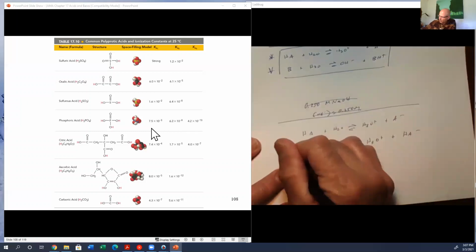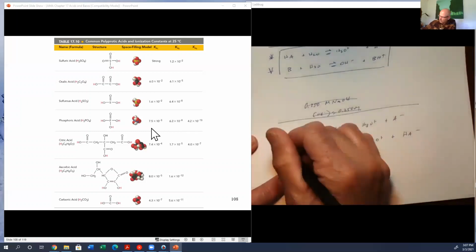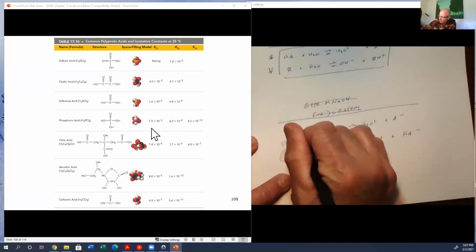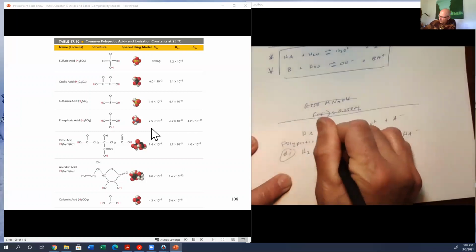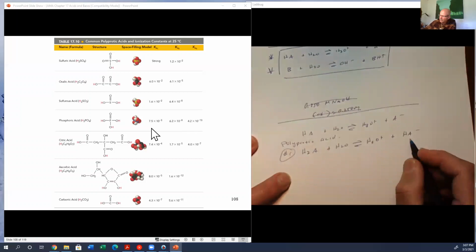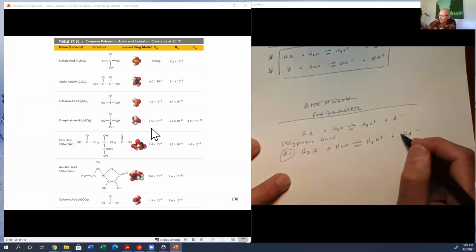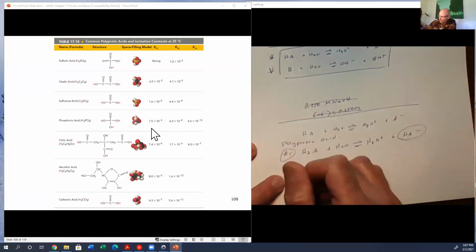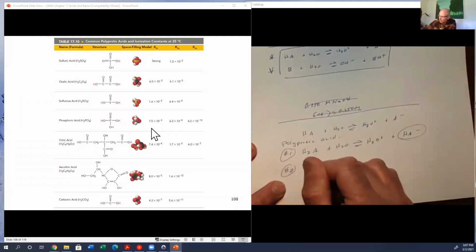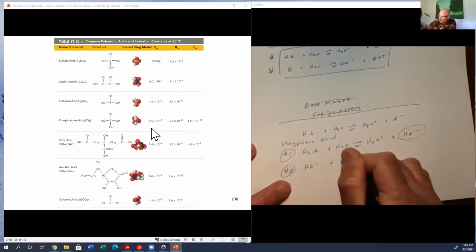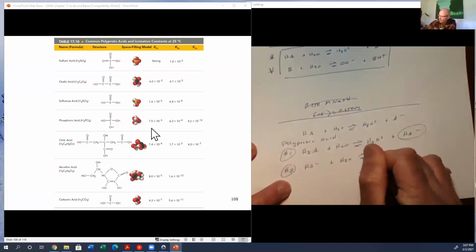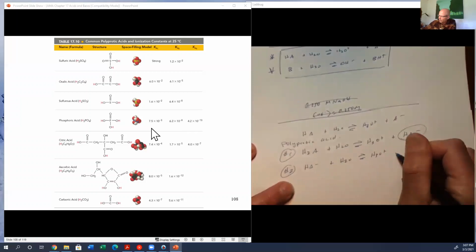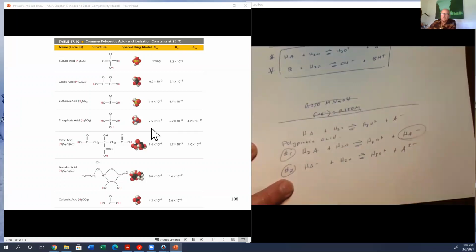So here's step number 1. And the second step is just the same thing again: HA minus plus H2O goes to form H3O plus and A2 minus.